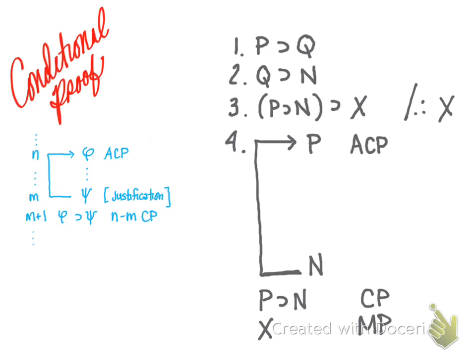But let's look at line 4 again. I've got P to work with. Now what do I do? Well, P is the antecedent of the conditional on line 1, so I can use modus ponens to get Q. Now I have the conditional on line 2 to look at, and line 5 is the antecedent of that conditional.